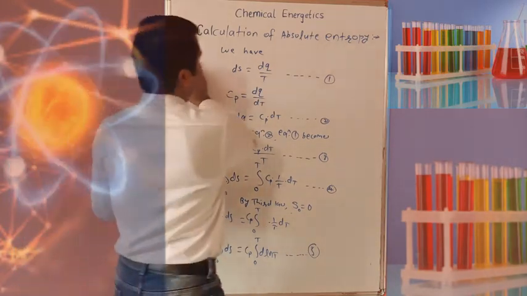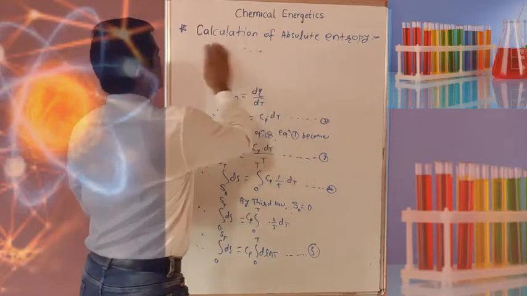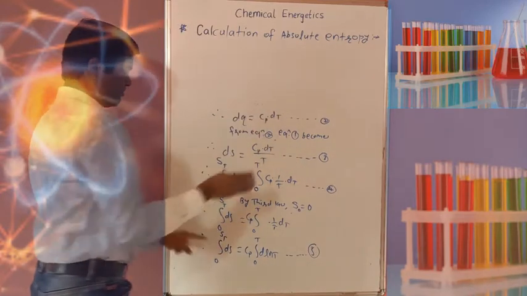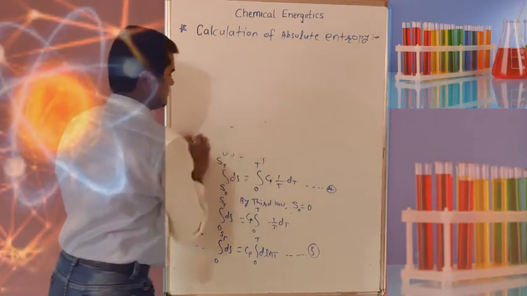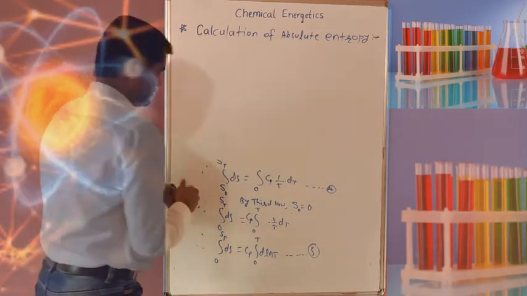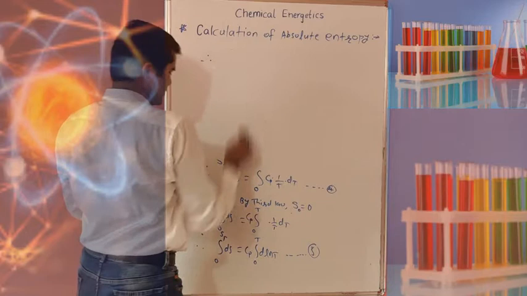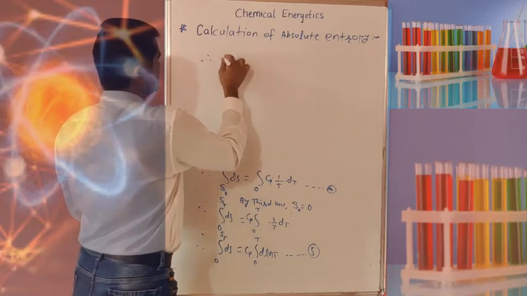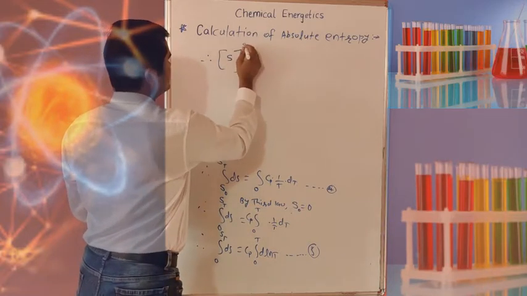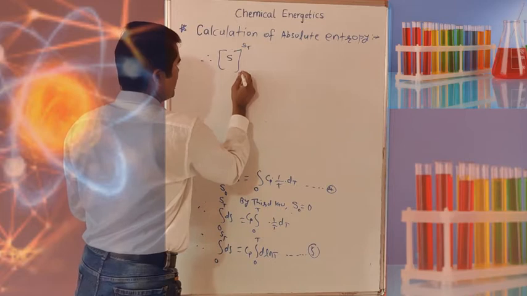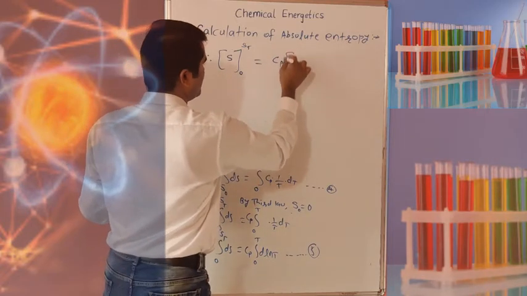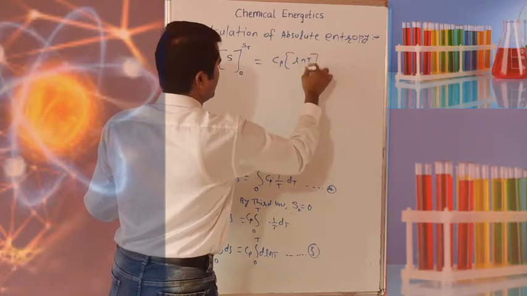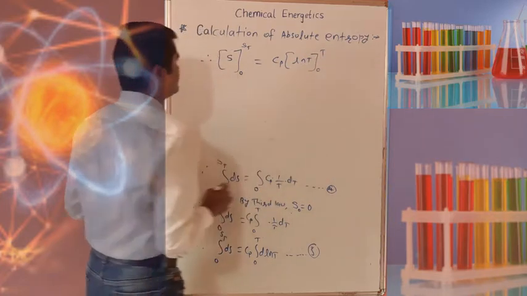By taking the integration of equation 5 properly, we get the integral of dS with upper limit ST and lower limit 0 equal to Cp into ln T, with upper limit T and lower limit 0.